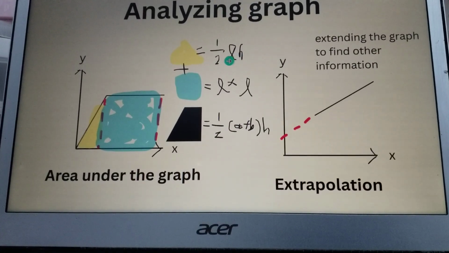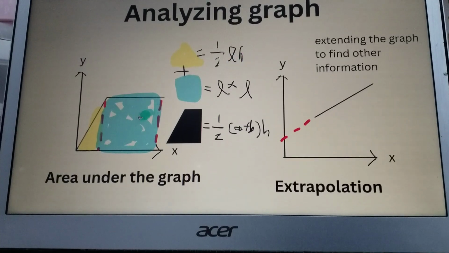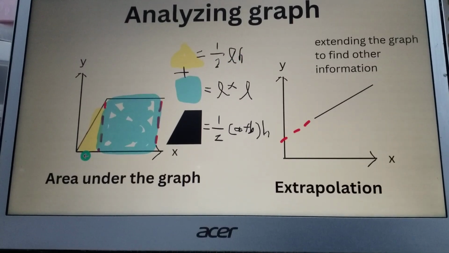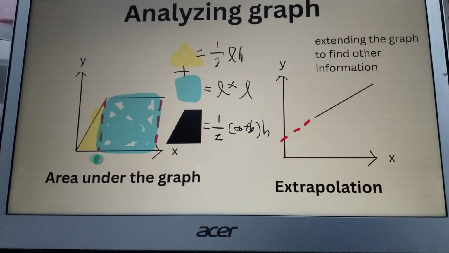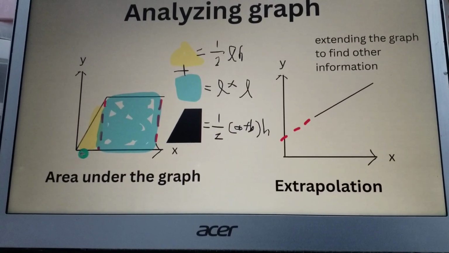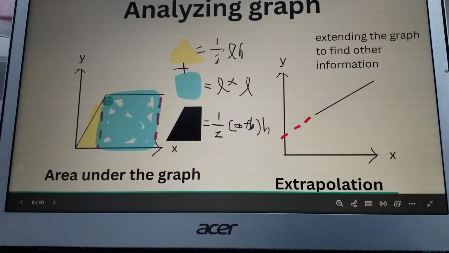L is length, H is height. So this is the length and this is the height. And to find the value of the length and the height, we will follow the axis. So the length, we will use x-axis, and the height, we will use the y-axis.